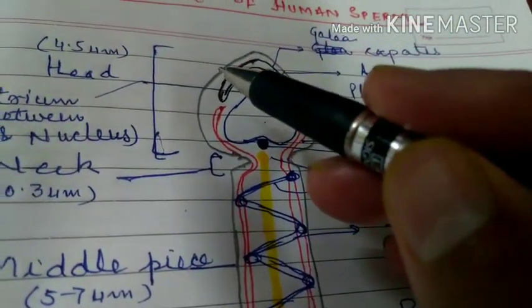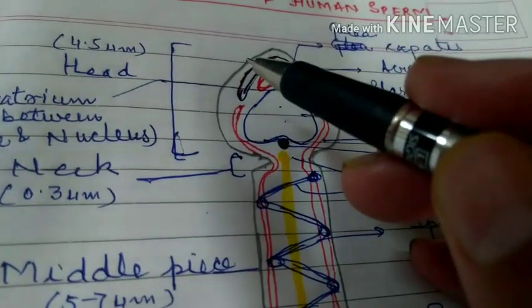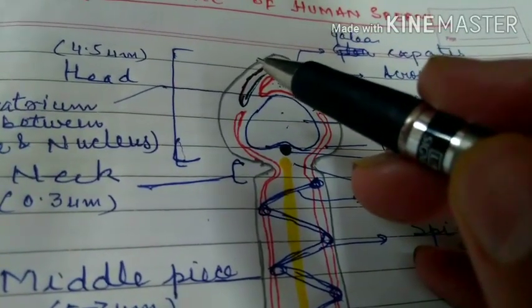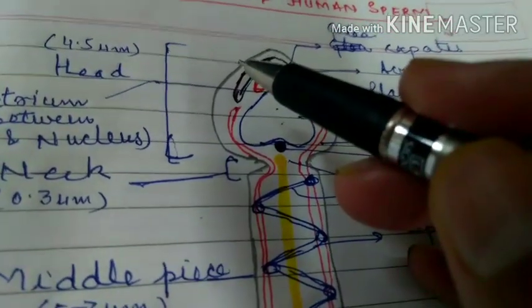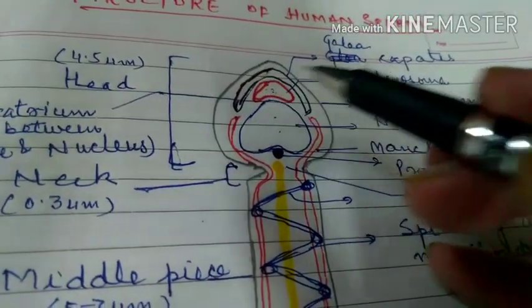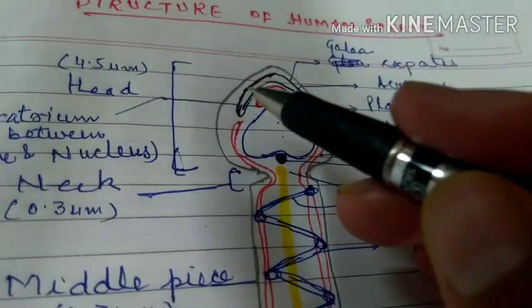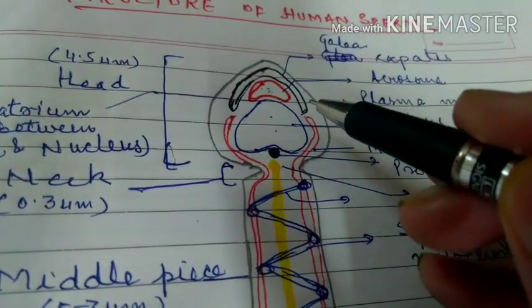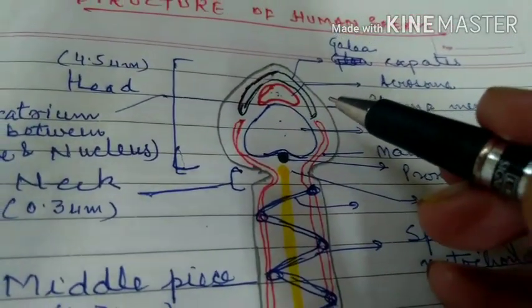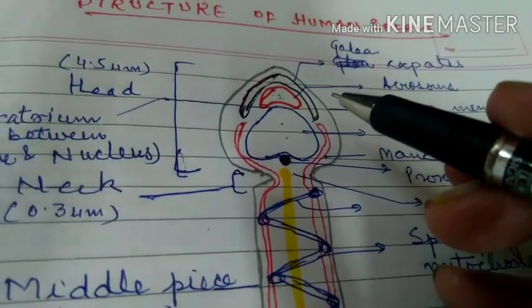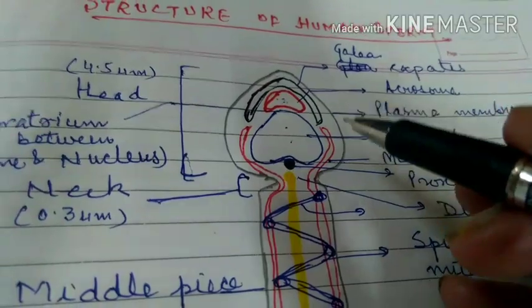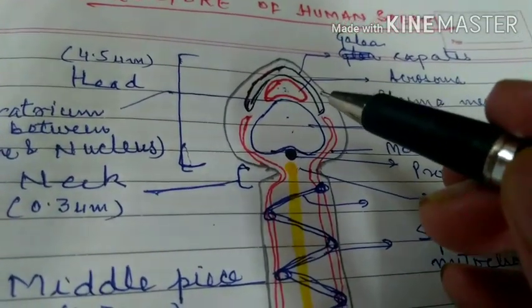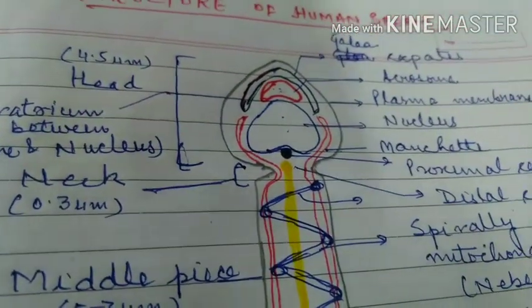The head portion is basically covered by proteins. We name them adhesion protein, adhesion factor, decapacitation factor or inhibitory proteins.